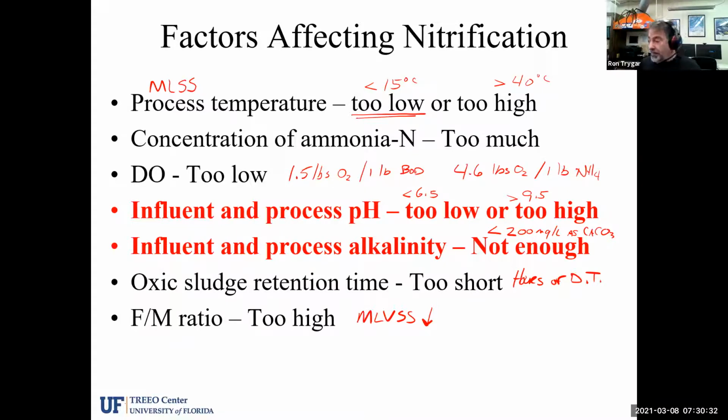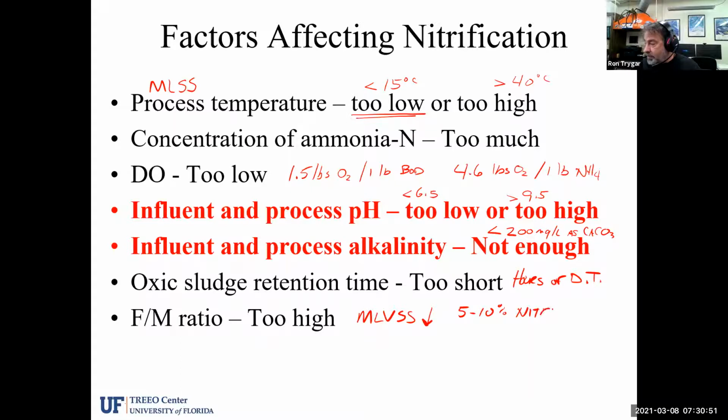Just want to point out that these aerobic autotrophic bacteria that we're relying on to do the work only make up somewhere between 5 to 10%, according to the recent research that we've seen. Somewhere between 5 to 10% are what we call the nitrifiers.